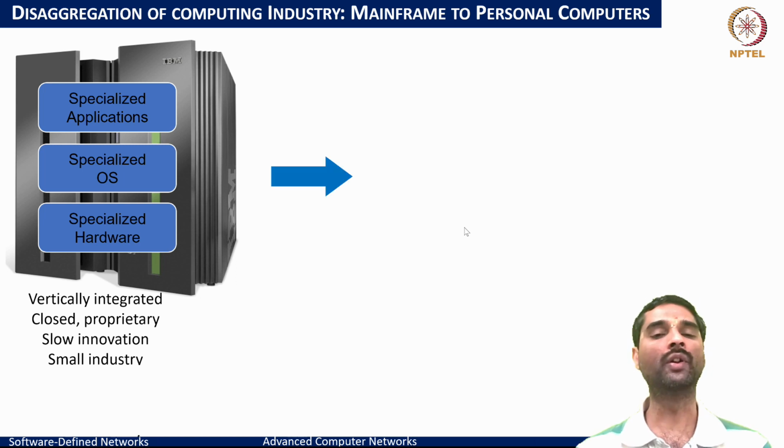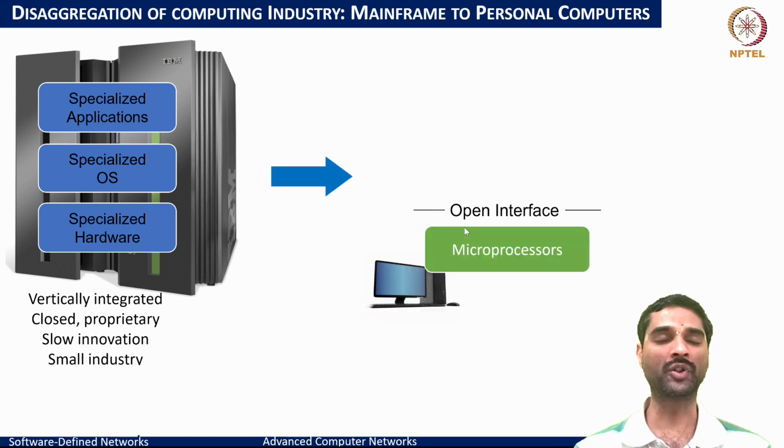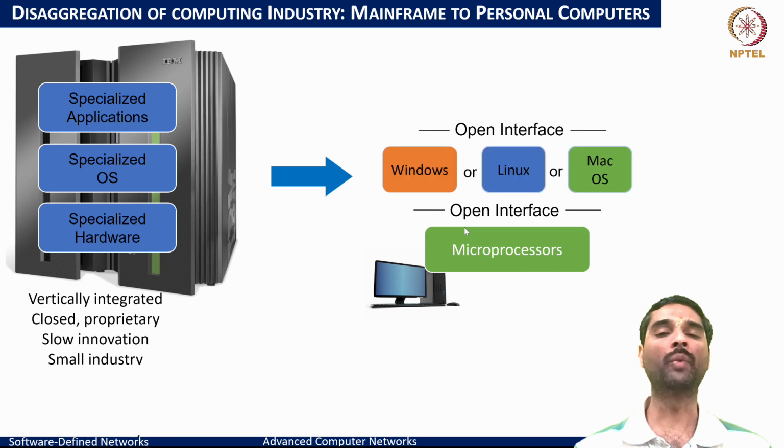as the processor industry developed, we started the era of microprocessors, which defined the open interfaces in terms of instruction sets like x86 as an ISA now, which could be used to build multiple operating systems that would work on top of these processors, like Windows, Linux, Mac OS, or any of those.